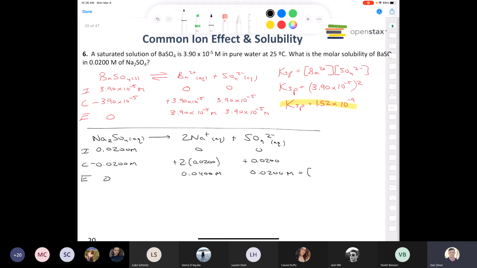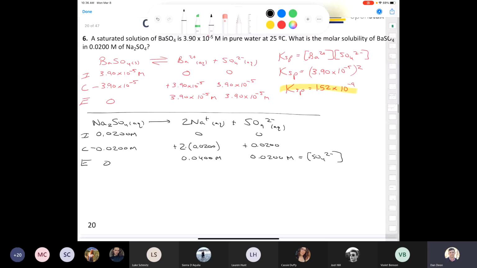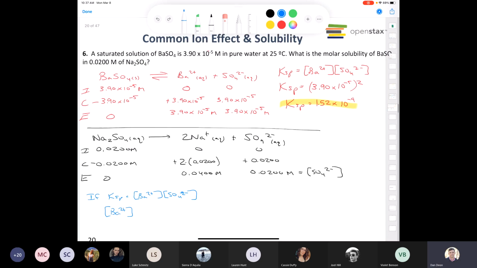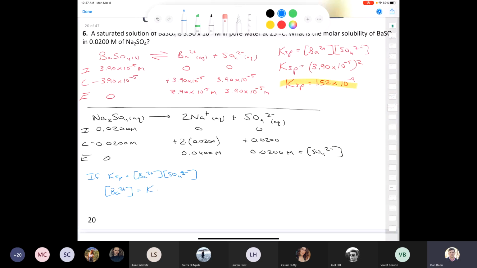So now we know this is the concentration of the sulfate. Again, the KSP for our barium sulfate is the concentration of barium ions times the concentration of sulfate ions. Then the concentration of barium, which is going to be the molar solubility, because the relationship of barium to barium sulfate is 1:1, is going to be equal to the KSP divided by the concentration of sulfate.